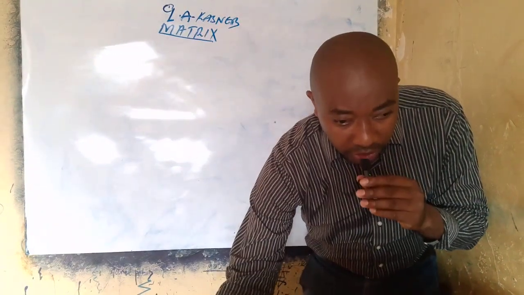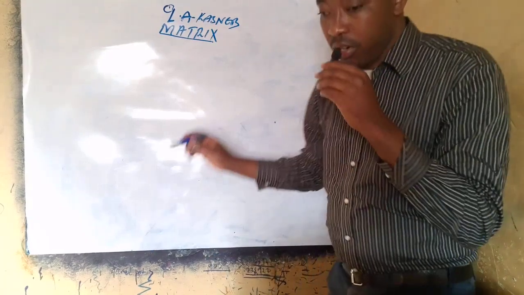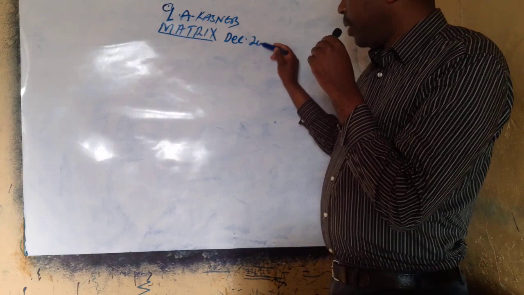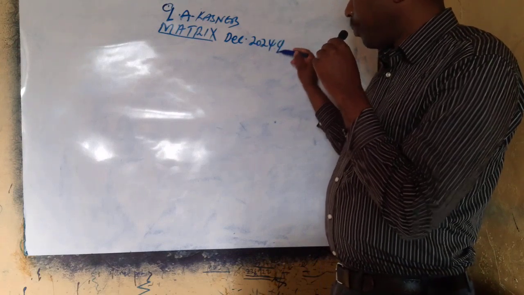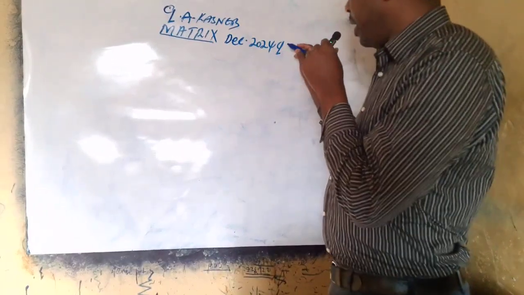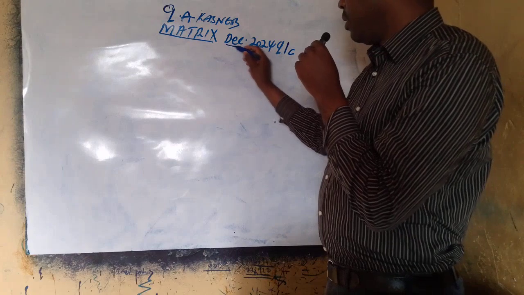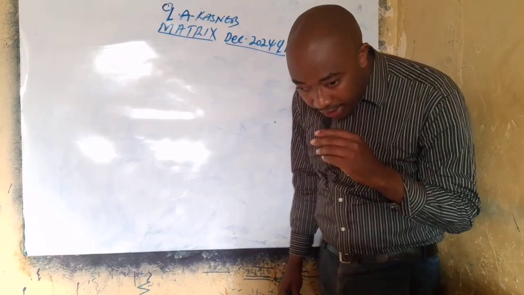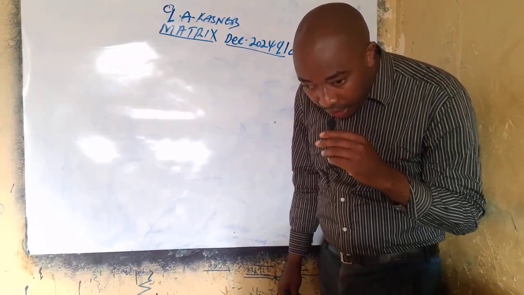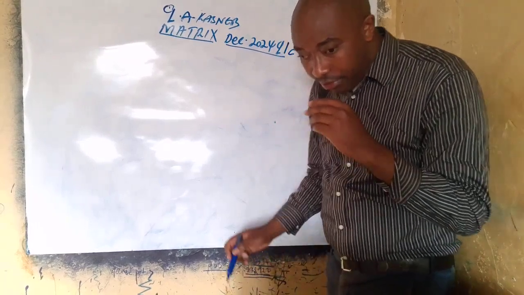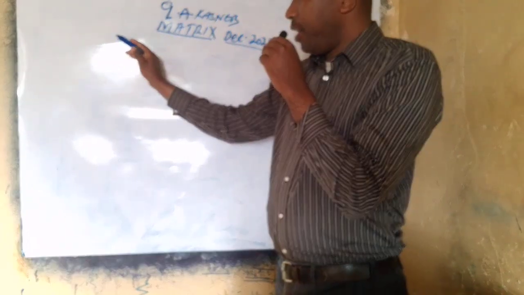An examination that was done in December 2024, question number 1C. And the question reads, the 2x2 matrices A, X, and B are given as follows. We have A here.